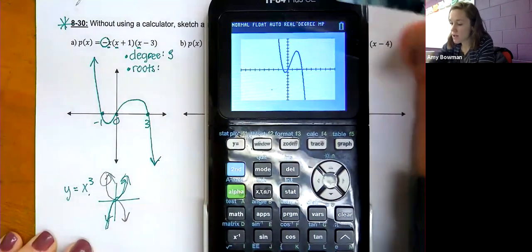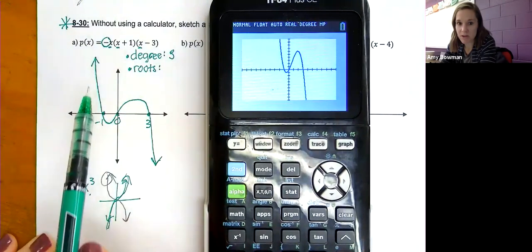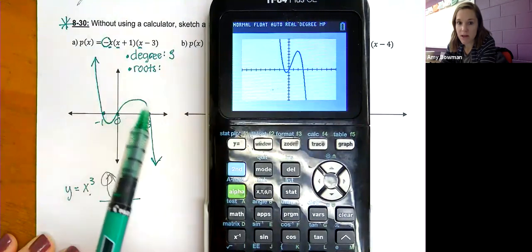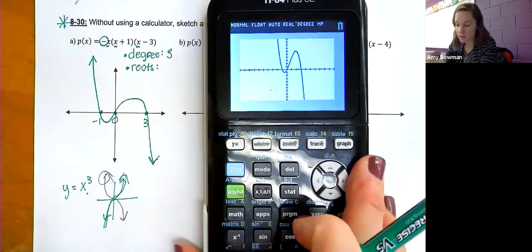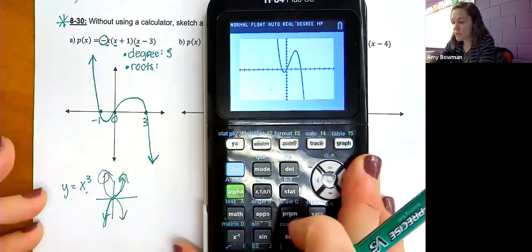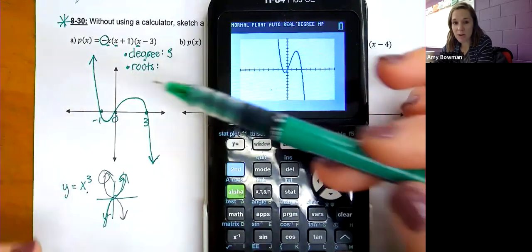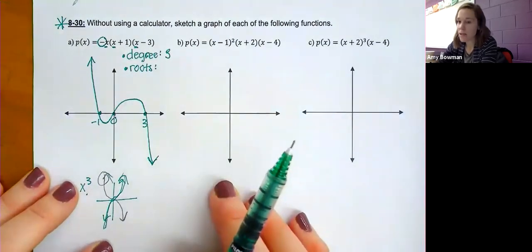And there I see I'm not totally accurate with y values, but I can see it starts up here. It's crossing through at -1 and 0, and then back down. So right now, if you've been hanging with me these first couple of lessons, what you're able to do now, which I think is really cool, is graph a polynomial without a graphing calculator, just based on what the equation tells us about it. Let's look at B.